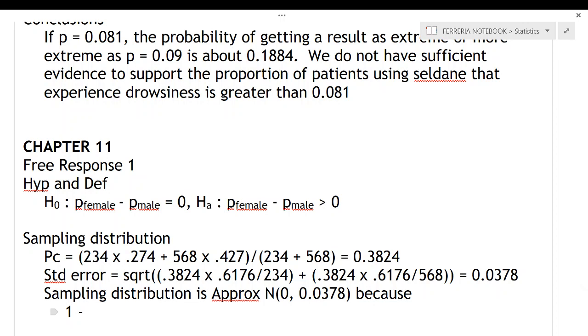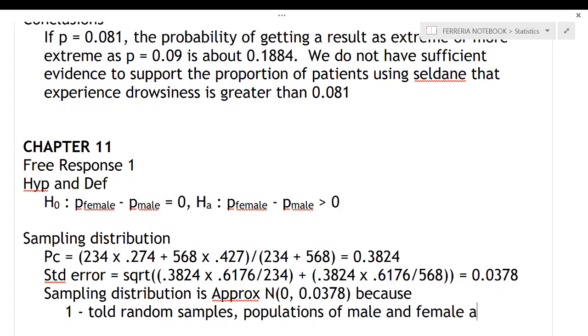Random samples. Are they independent? Yes. I would imagine males and females are different populations, so they are independent, right? So we are told random samples, and the populations of male and female are independent.